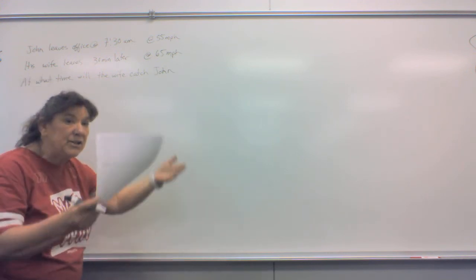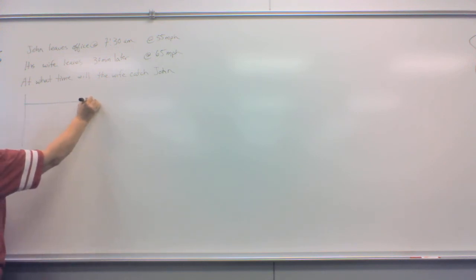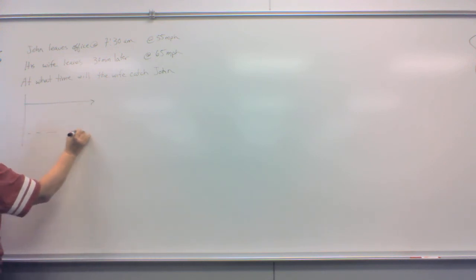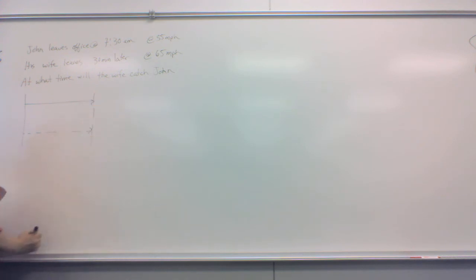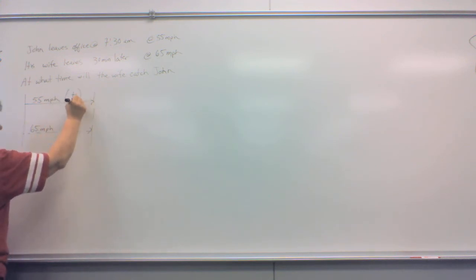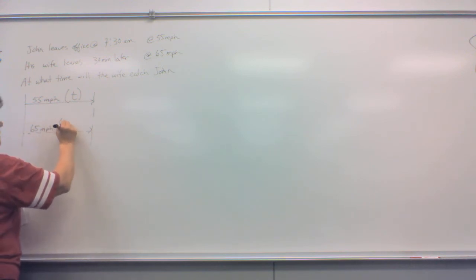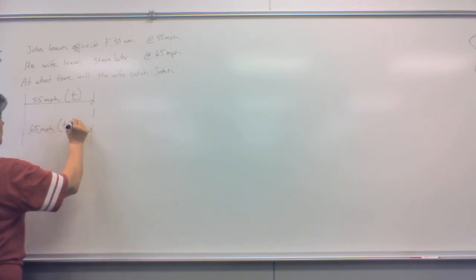Remember, if you're going to catch him, the two distances are equal to each other. So, what do we have here? This one's going to go, and this one's going to catch him. So their distance is the same. John is going 55 miles per hour. The wife is going 65 miles per hour. If we say John's time that he's going to be caught is t, then the wife's time is t minus 30.